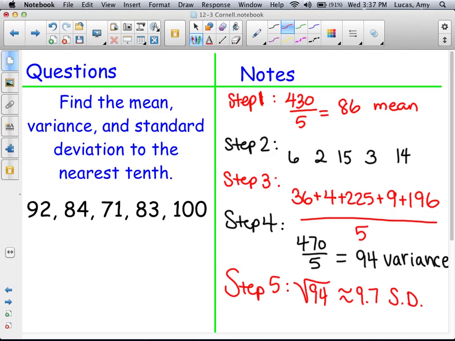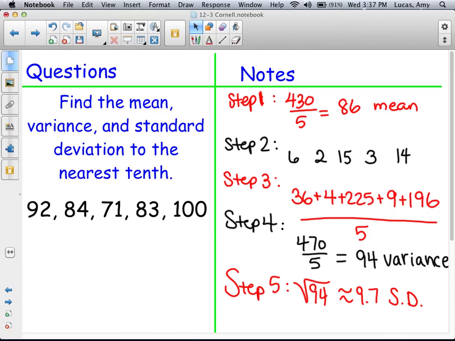So this set of data is more spread out than our last set. These values ranged from 71 to 100. The standard deviation is just a different way of looking at that spread for the data.